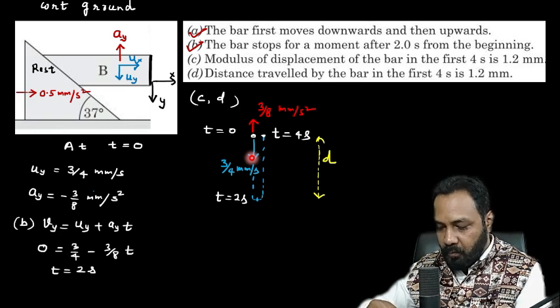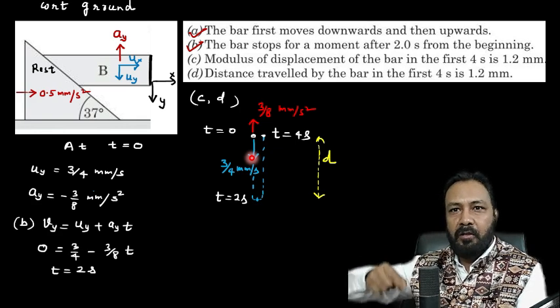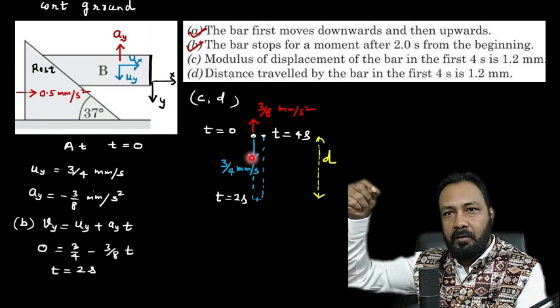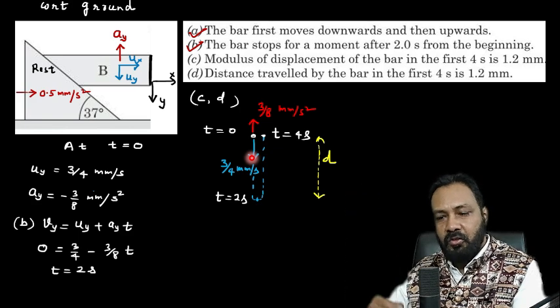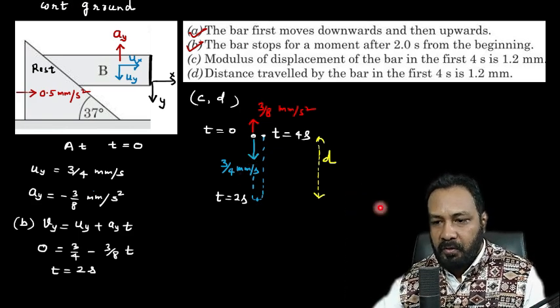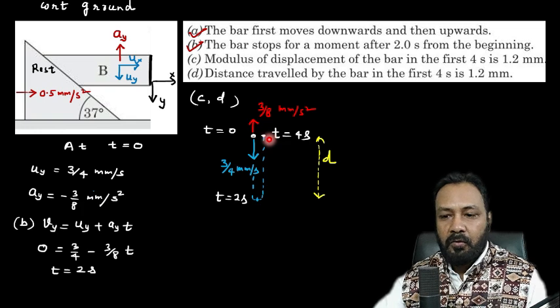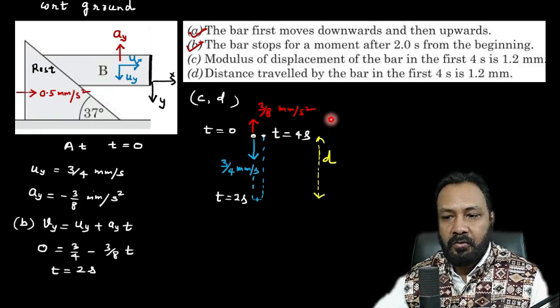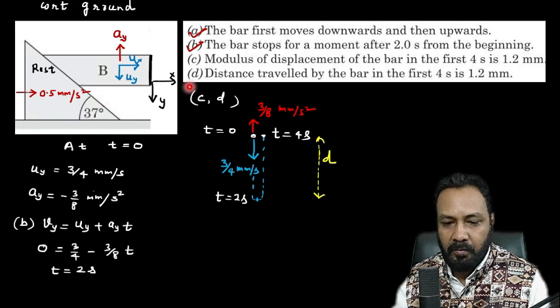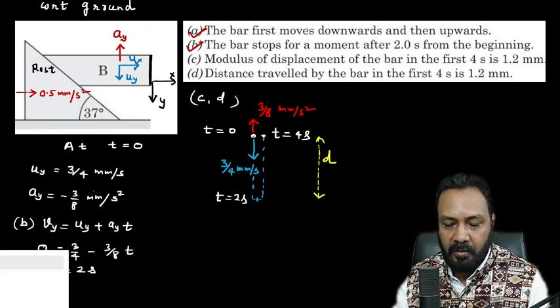The time taken from the moment of projecting till the maximum height is the same as the time taken from the maximum height to the initial point. So it takes 2 seconds to come to a stop, and then 2 seconds again to reach the initial point. So for 4 seconds the displacement is straightforward 0. So that is wrong. C option is not right.